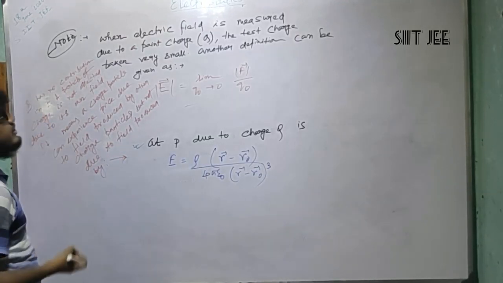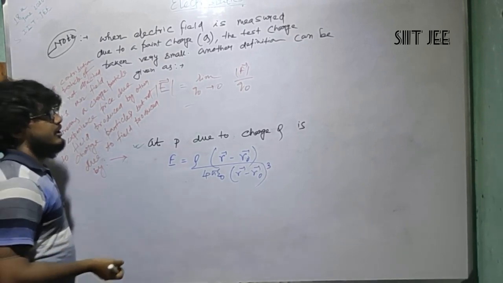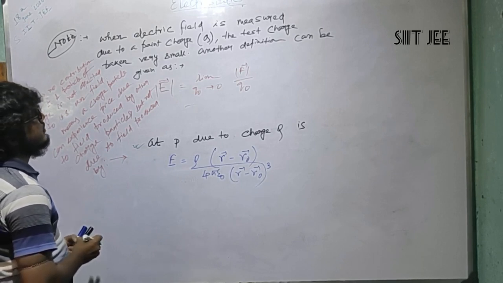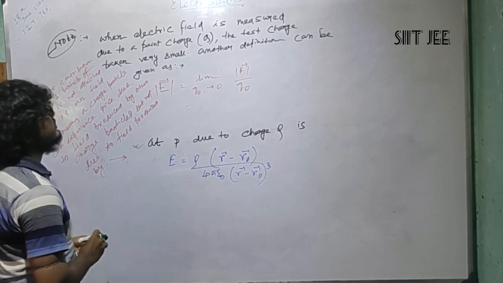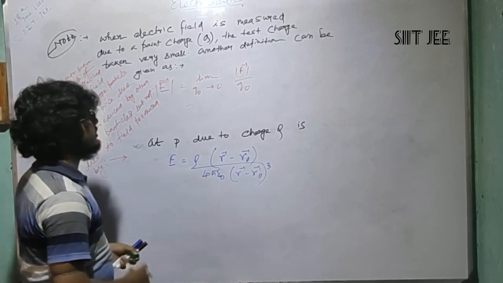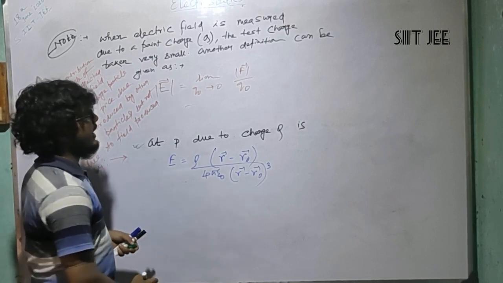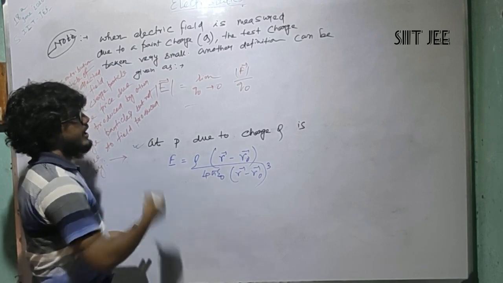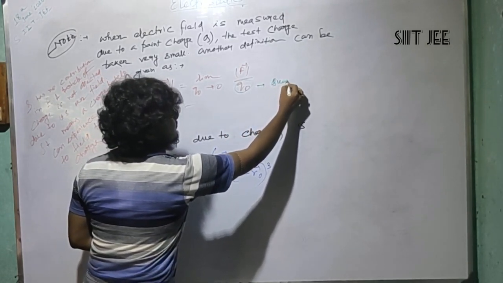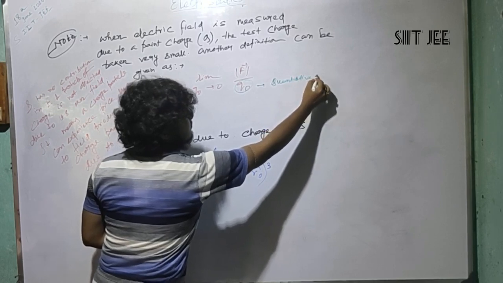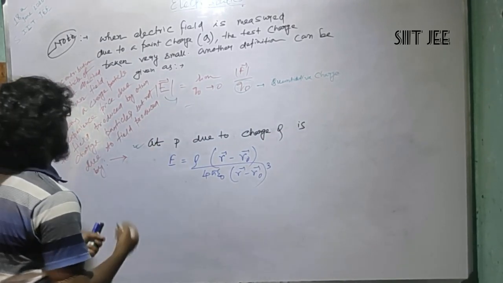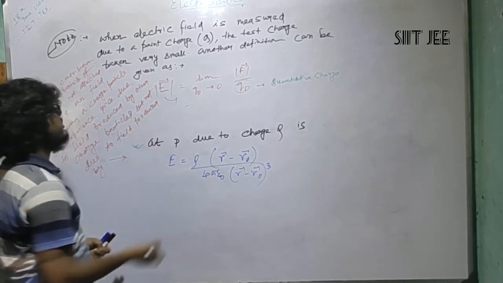Then another definition can be given as E is equal to limit Q0 tends to 0 of F vector divided by Q0, when the electric field is measured due to a point charge Q and the test charge is taken very small.